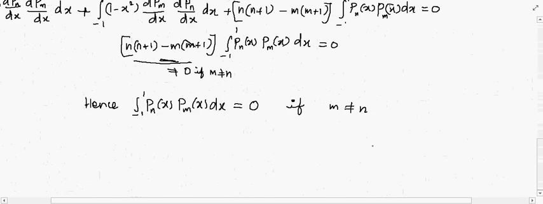Now we will go for the second part. For the second part, we are going to consider in a different way. That is, we'll use the property of the Legendre polynomial.